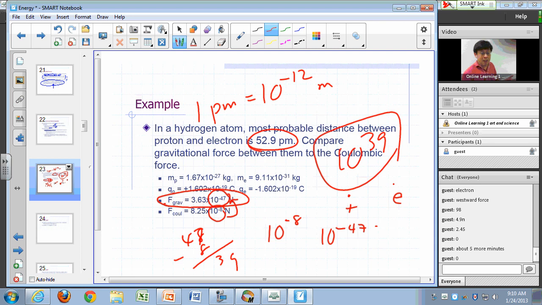So the electromagnetic force, the Coulombic force, is 10 to the 39 times stronger than the gravitational force. That's 1 followed by 39 zeros. So pretty much when you're dealing with interactions of atoms and molecules, at that level we can ignore gravitational forces. We're just going to be focusing on the electrostatic forces between them. Okay, I think this is a good time to stop.